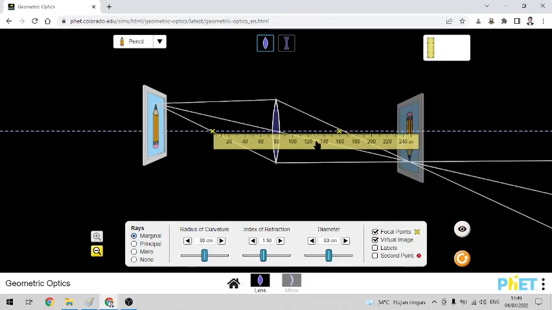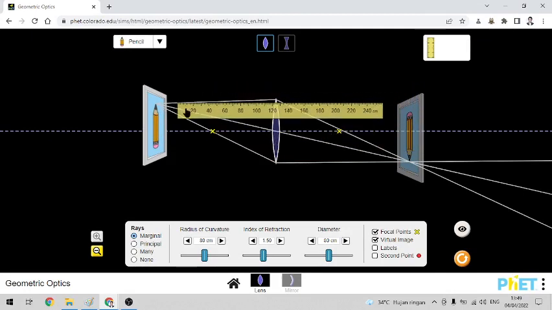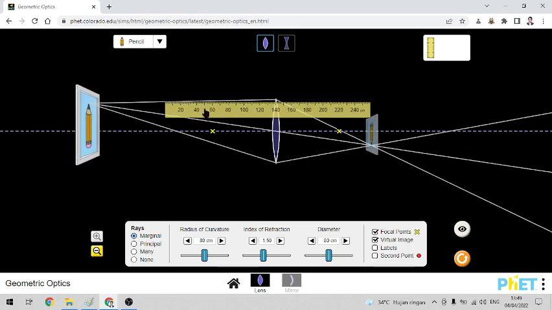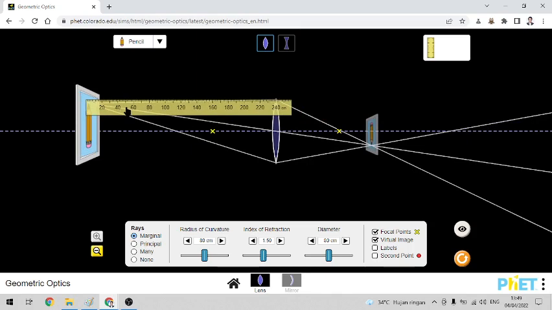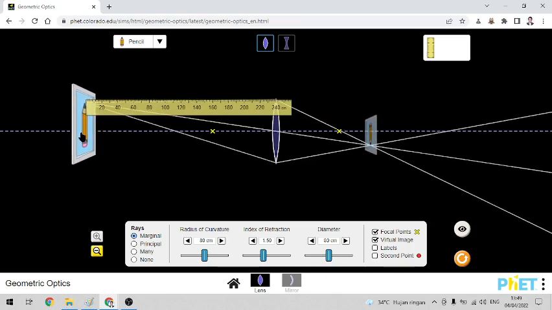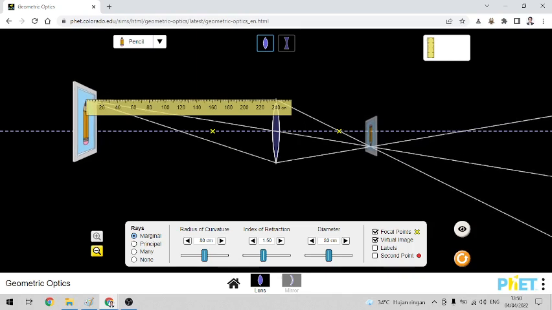The focal length is 80, and then let's use 240 centimeter. So the object is 240, and the focal length is 80.